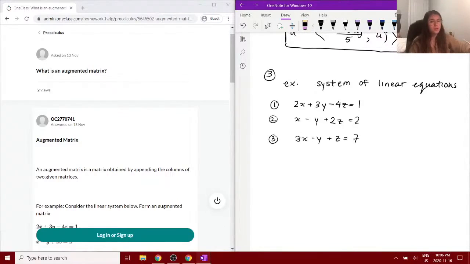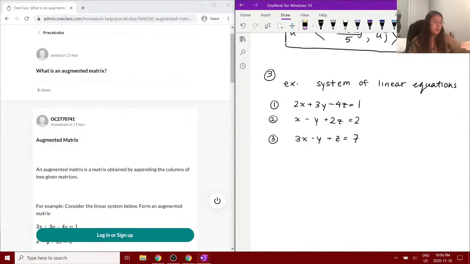So make sure when you're writing your system of linear equations that they are in the proper form, that we have all of the terms with x, y, and z on one side, and all of your knowns or constants on the other side.